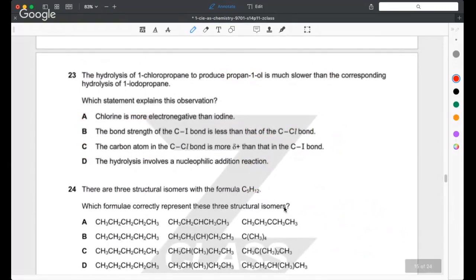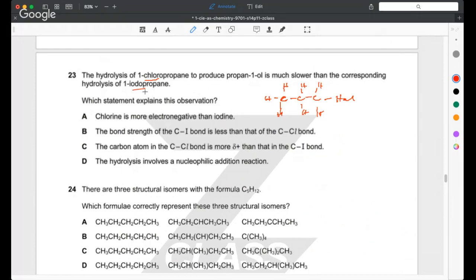Okay, now you've got a primary halogenoalkane, that's the halogen there, and the halogen could be either chlorine, or it could be iodine.